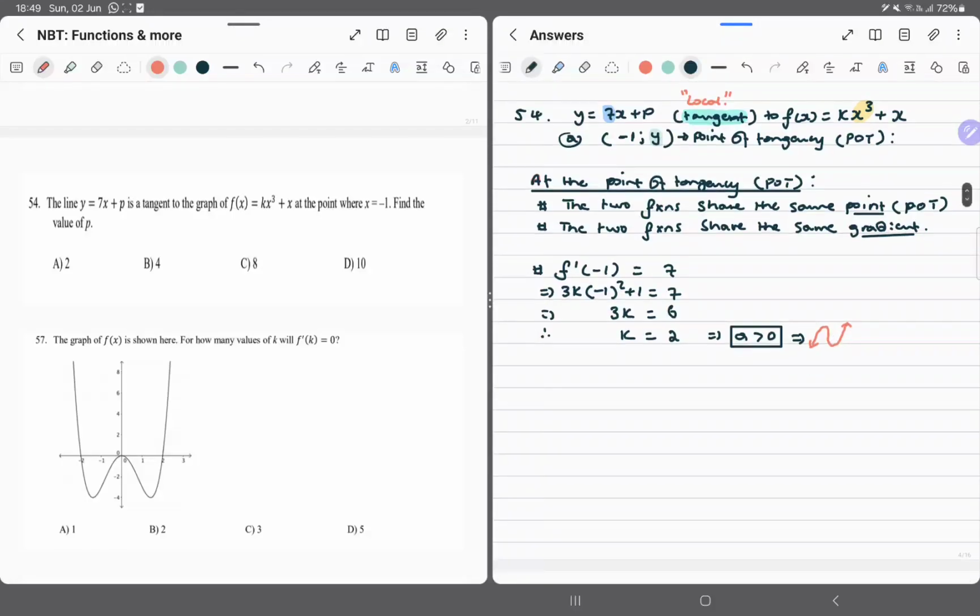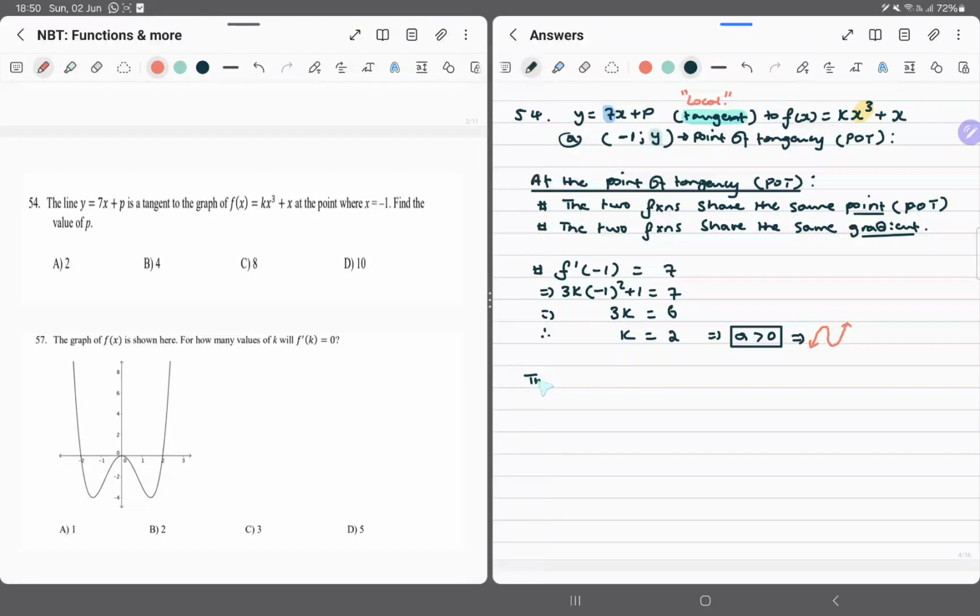So now we need to find our point of tangency because we can't sort that out. We could use the nature of the roots if this was quadratic, but with the cubic function it's a bit difficult. So we can say here, therefore, what can I say?